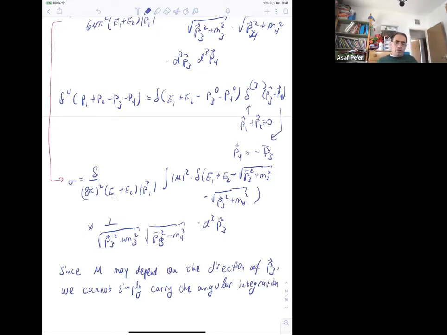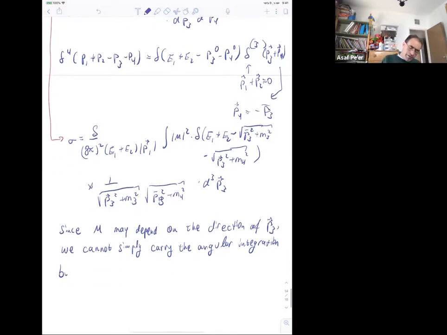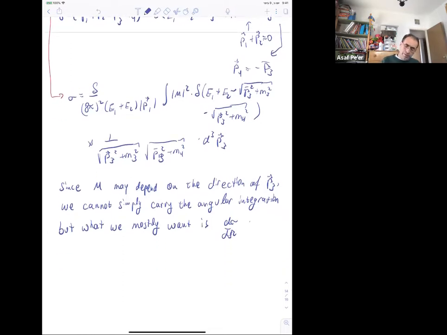But the good thing is that we often don't care about the angular integration, because that gives us the full cross-section. What we care about is the cross-section per unit solid angle, sigma over omega. So we don't really have to carry out the angular integration, but simply write.